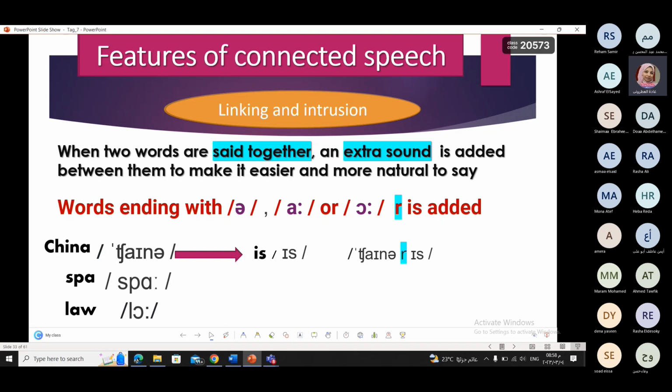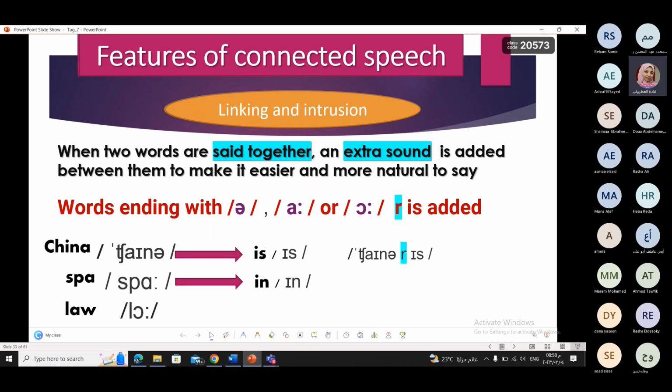Ra. Who can practice? China is the biggest country in the world. Or China is one of the biggest countries in the world. It will be like this. So the R is intruded here.